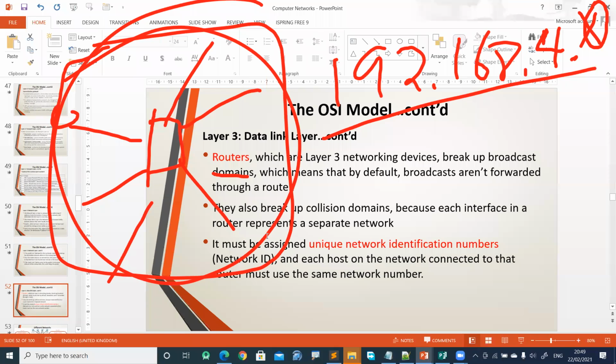Broadcast address. What's a broadcast IP address? 255. 255 is something else. What's a broadcast? And we even demonstrated. What's a broadcast IP address for this network?